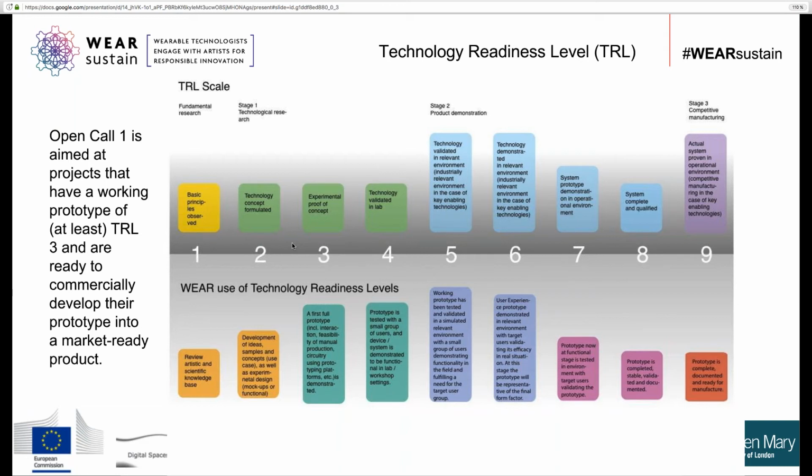I hope also the video of all this by tomorrow, and then you can take more time and see, okay, what does it really mean in my case where I'm trying to develop this or that? What we want to fund is prototypes that are at least TRL 3. They can be 4 also, for them to develop until level 6 or 7.